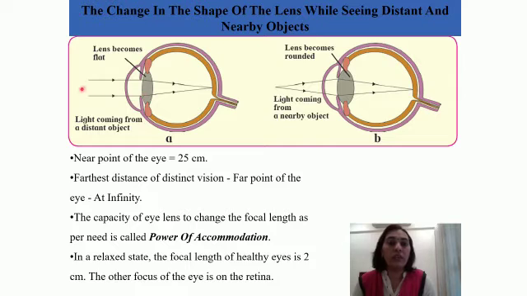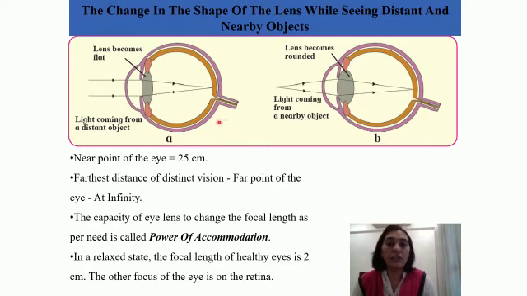So the focal length of the lens will increase. This is the shape of the lens, that it has become thin so that the focal length can increase. This is the change in the lens that is brought about when we are seeing a distant object.